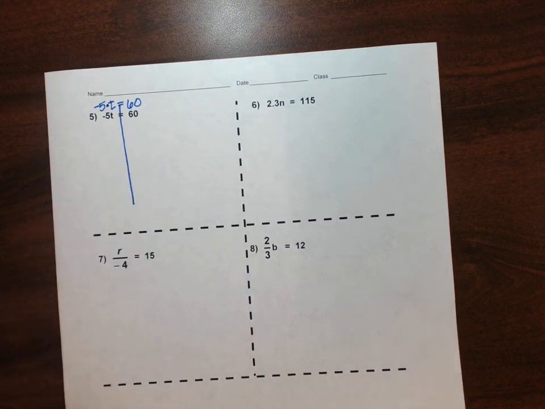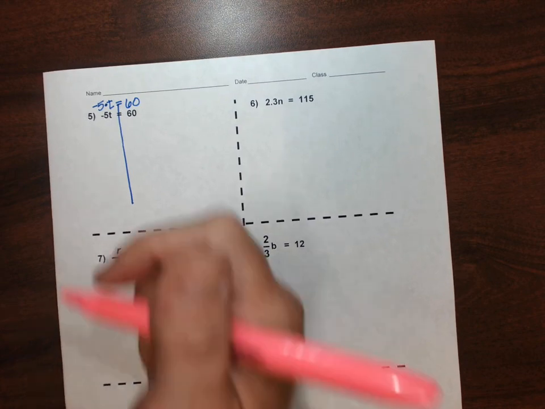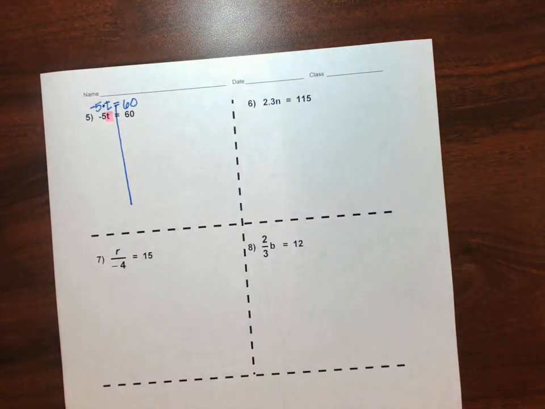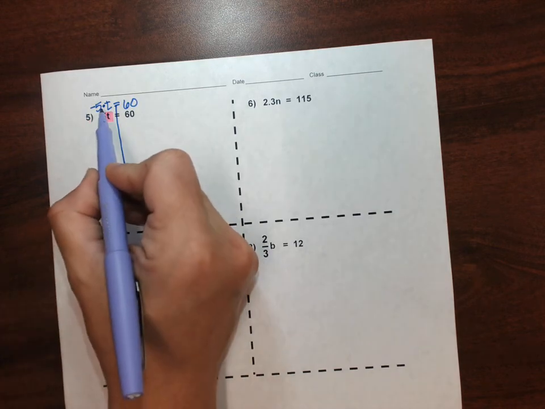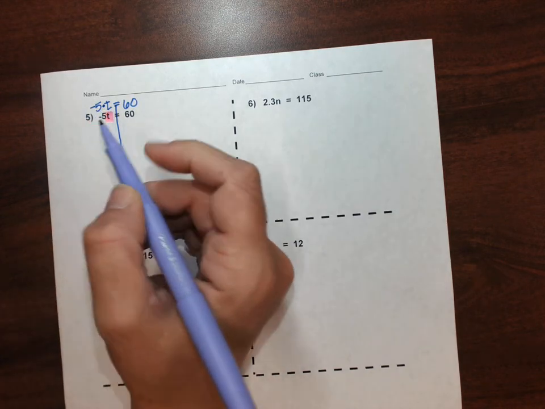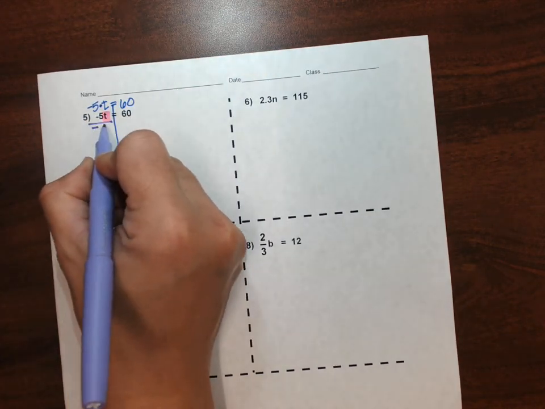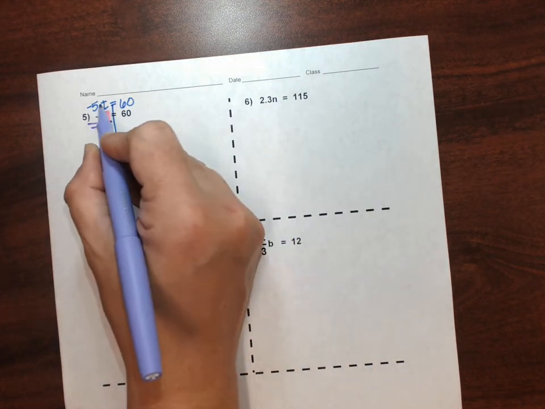So I'm going to ask you, what's the goal? And you're going to say to isolate the variable. And I'm going to say, how do you do that? And you're going to say inverse operation. So what's the inverse of multiplying? The inverse is to divide. And we're going to write it more high school.